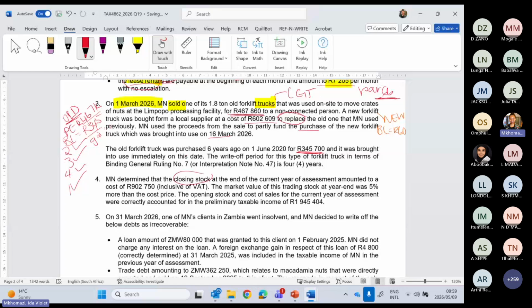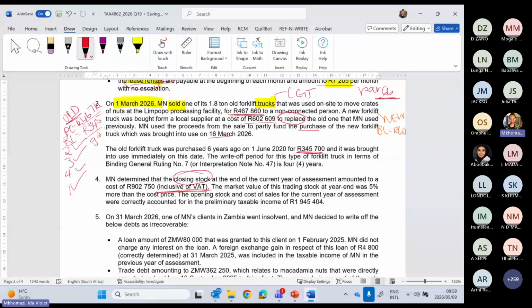So with transaction number 4, transaction 4 related to trading stock. It related to closing stock to be specific. So here they told us that MN determined that the closing stock at the end of the current year of assessment amounted to 900,000 inclusive of VAT. The market value of this trading stock at year end was 5% more than the cost price.